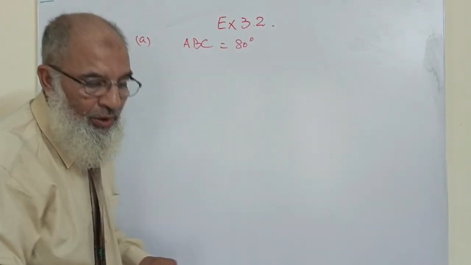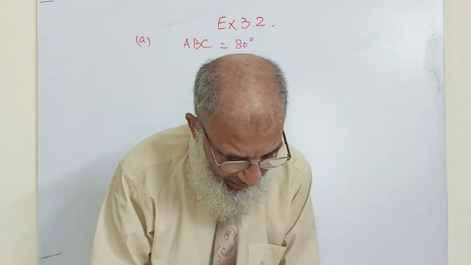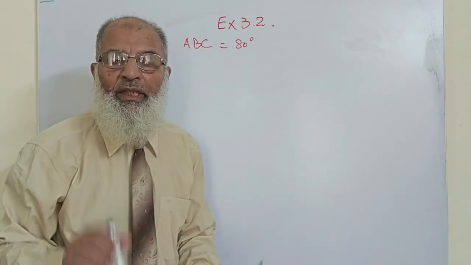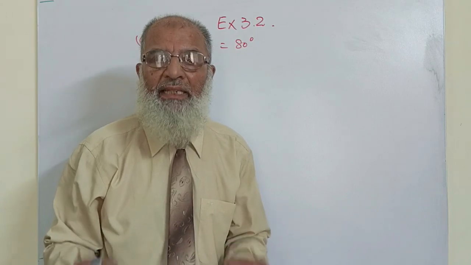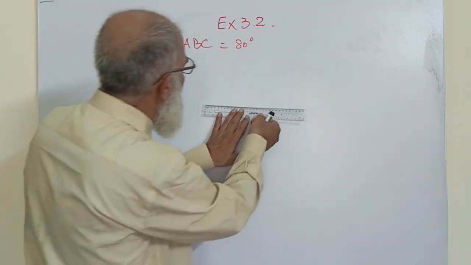So we have to use a protractor and a ruler. My dear students, no dimensions are given, no measurements are given, except the measure of the angle, that is 80 degrees.